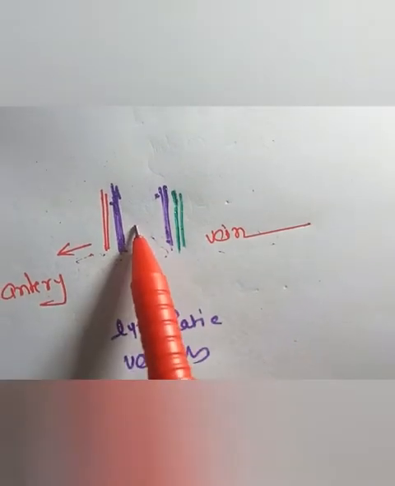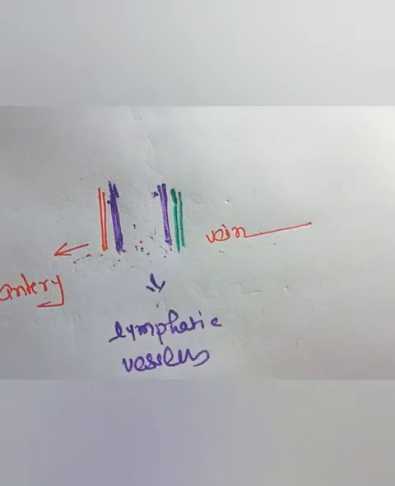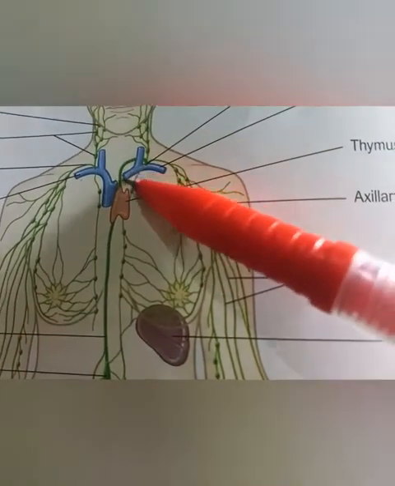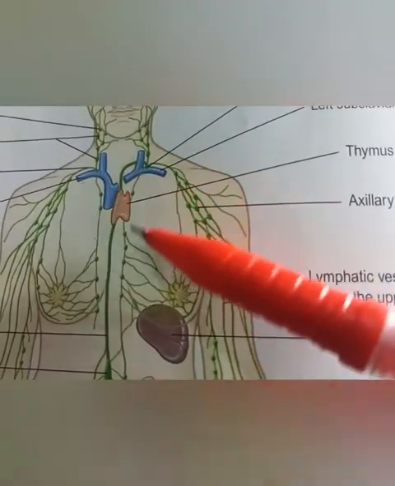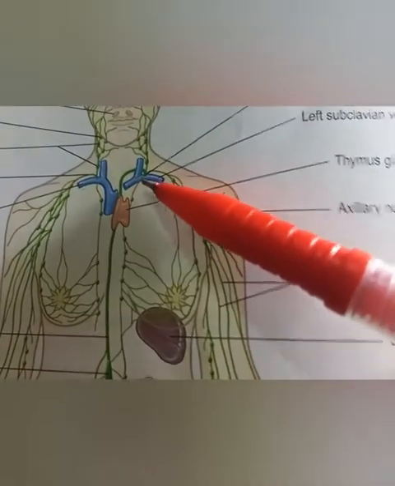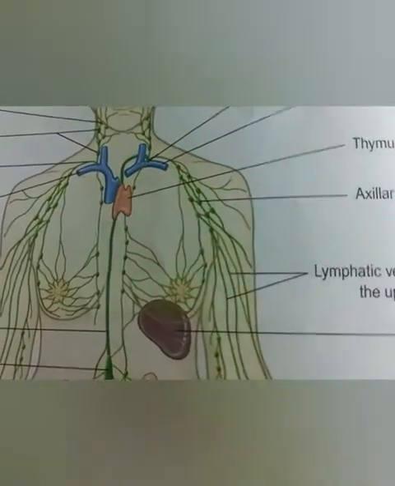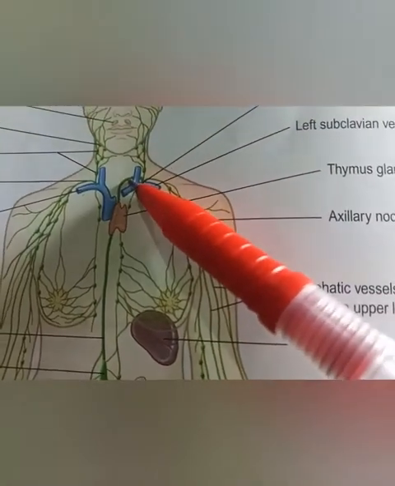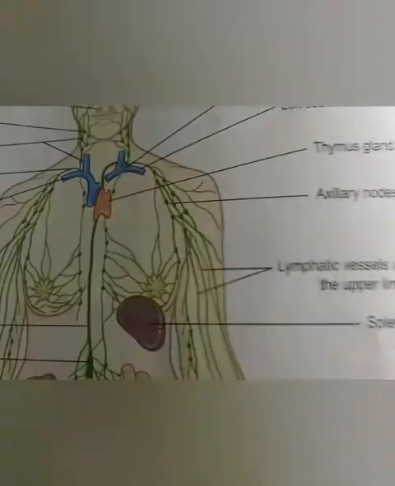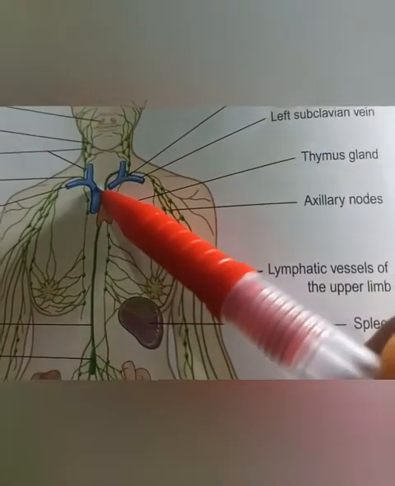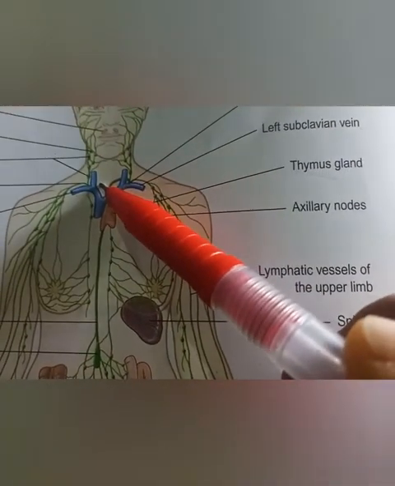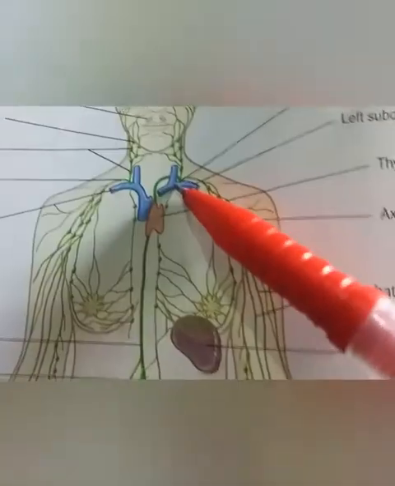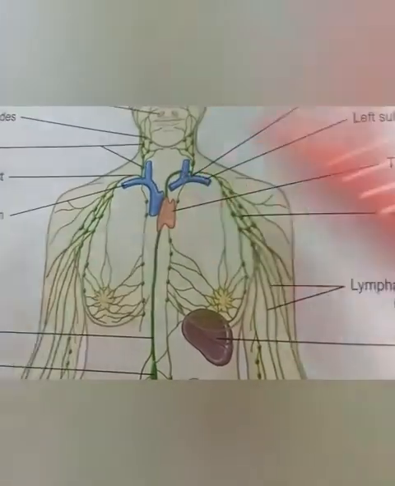For that reason, lymph flows through the lymphatic vessels, and the lymphatic vessels become larger as they join together, eventually forming two large ducts. These are called the right lymphatic duct, and the left one, the thoracic duct.